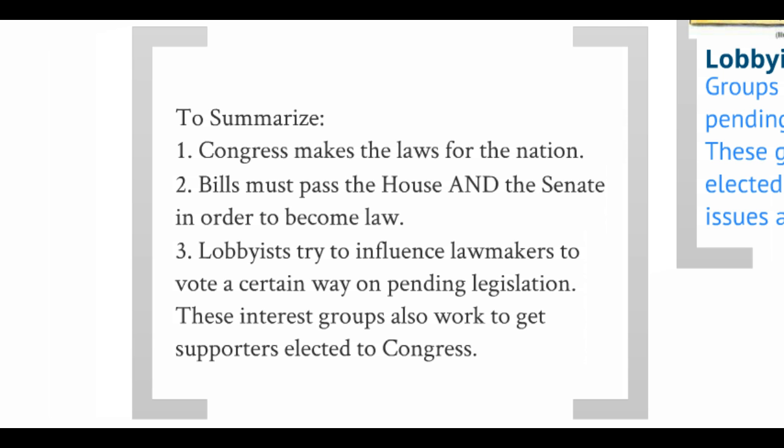The reason these lobbyists can potentially have so much influence over members of Congress is that running for Congress is expensive. And lobbying groups have the ability, as do individuals, to contribute to the re-election campaigns of members of Congress.